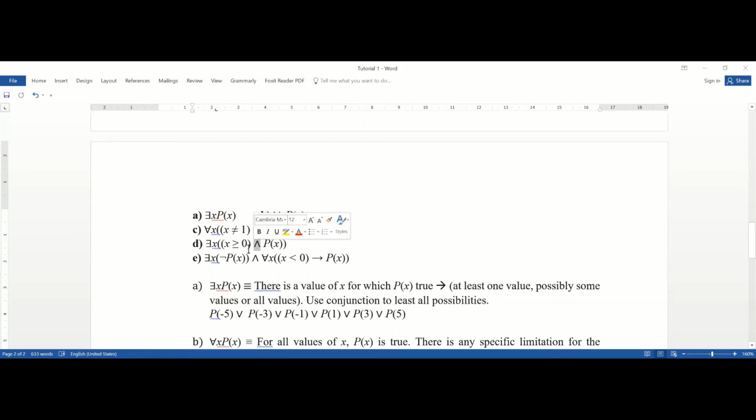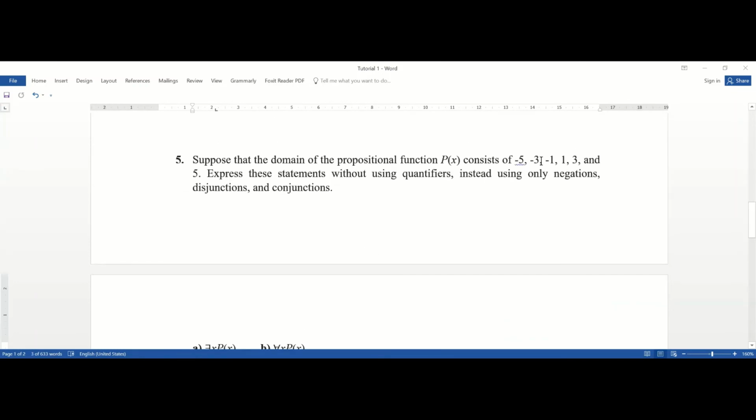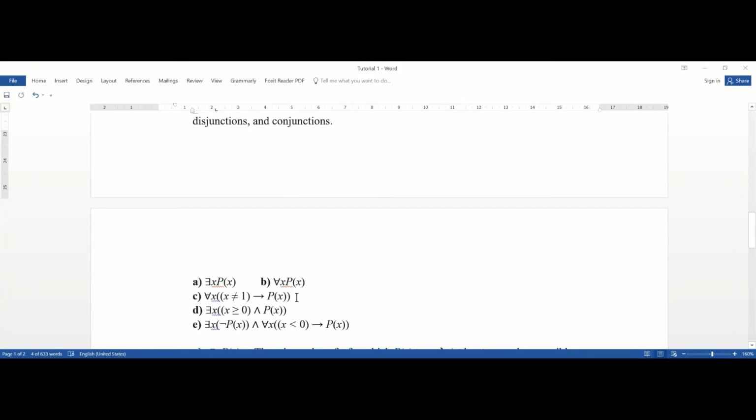Because we have and here, and it applies only in the case that this one is valid. There is no other way. Here we don't have restriction because the domain is given to us. This is the restriction. When x is greater than or equal to 0, what is that? It's the positive numbers given here. Means P(1) and P(3) and P(5), and that's it.